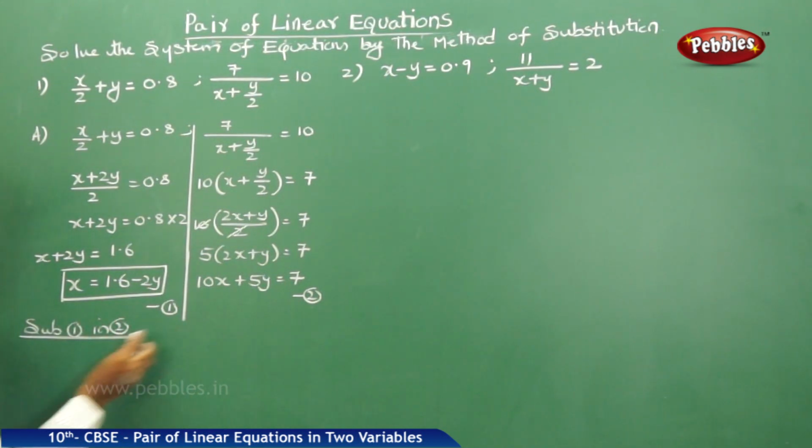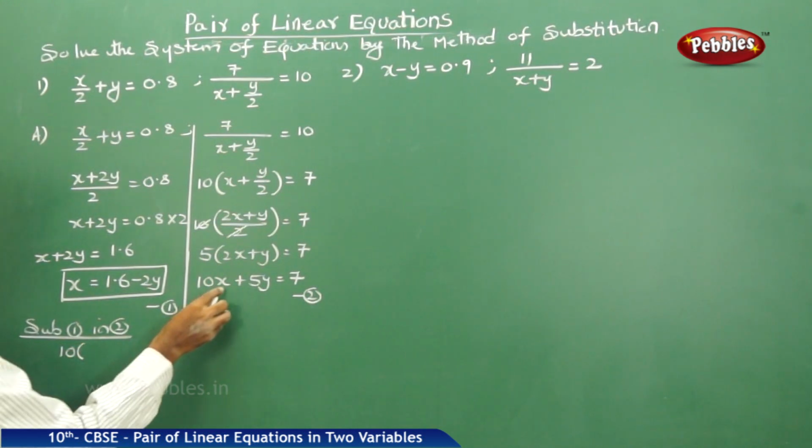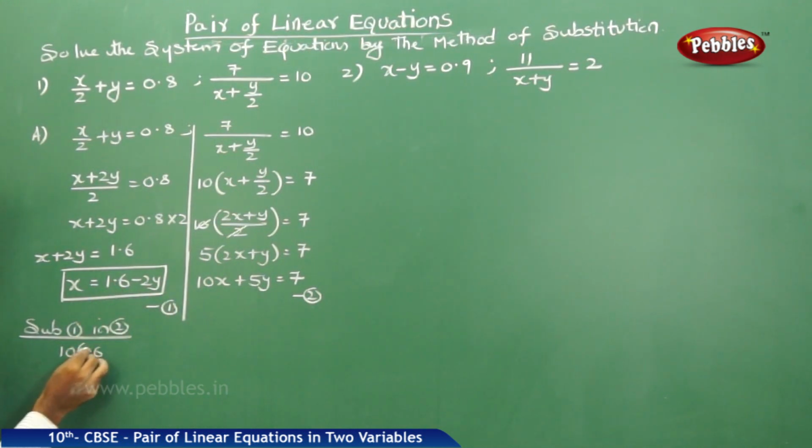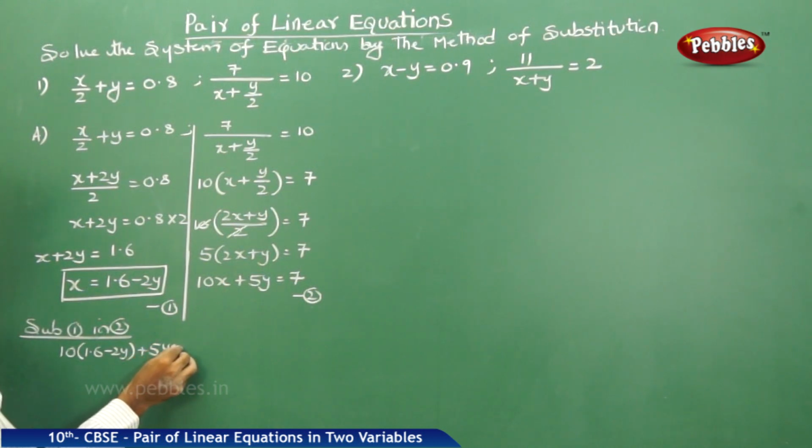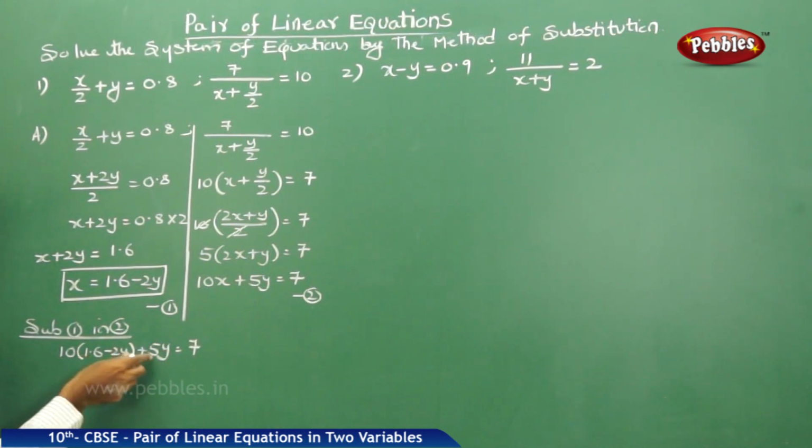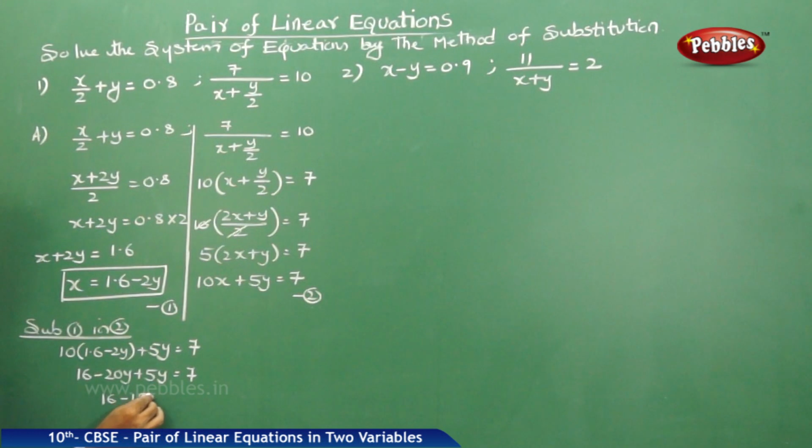That is, 10 times the x value, 1.6 minus 2y, plus 5y is equal to 7. Multiply with 10: 10 into 1.6 is 16, minus 20y plus 5y is equal to 7. That is, 16 minus 20y plus 5y, that is minus 15y, is equal to 7.